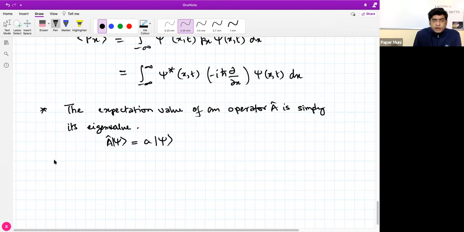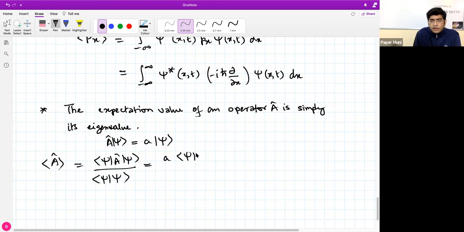And if you define the expectation value like this, that is psi A cap psi divided by psi star psi, these two quantities will be equal, because A will operate on psi and we'll get small a psi.